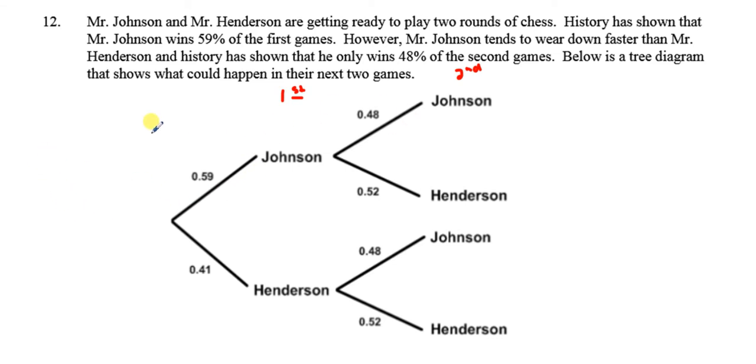So, for Johnson to win 2 games, it's going to be 0.59 times 0.48. Let me erase that. Let me do it this way. Times, I'll do times with an X here, times 0.48.